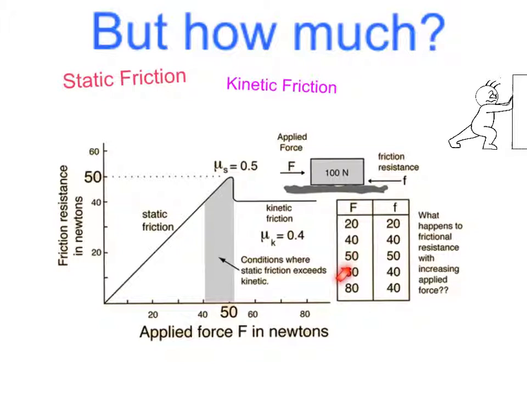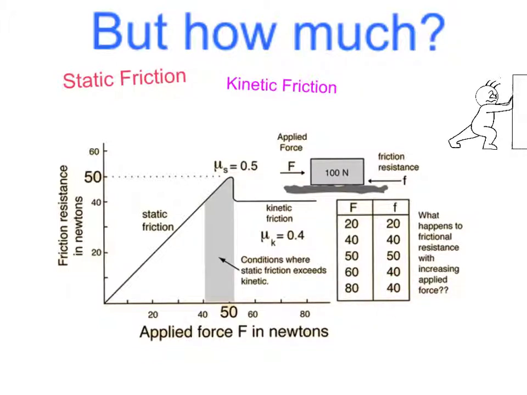If I exert 50 newtons of force, I get 50 newtons of friction. But when I exert 60 newtons of force, I get 40 newtons of friction. So my kinetic friction drops lower than my static friction, and it stays constant. Even as I push harder, at say 80 newtons of force, I'm still getting the same 40 newtons of friction.